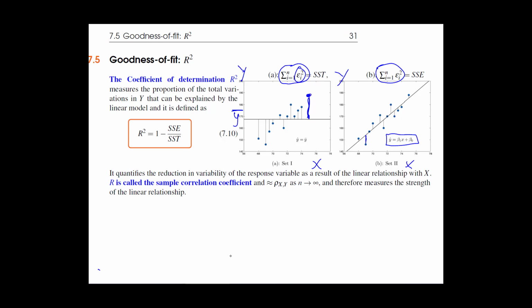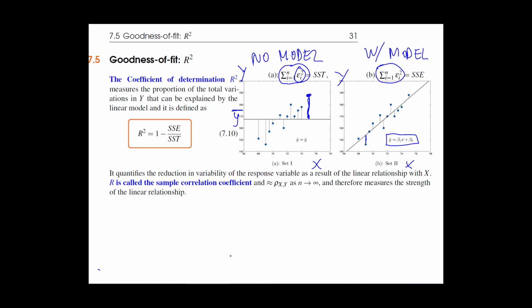Again, on the left, there's no model, so your estimation of the variance is the SST. But with the model, and when I say model, it's obviously the regression model, the new variance, if you will, SSE, should hopefully be a lot smaller.